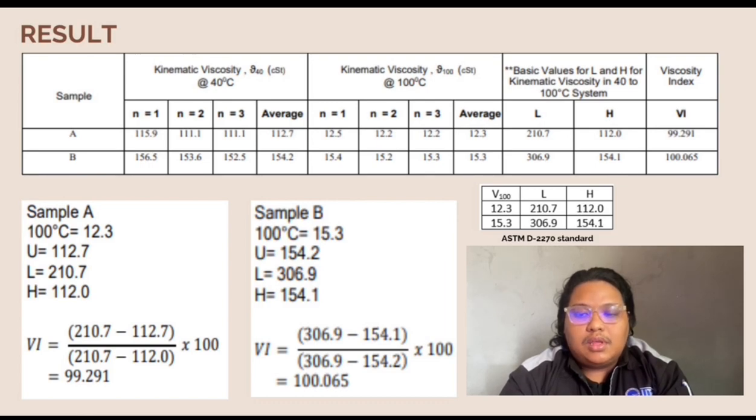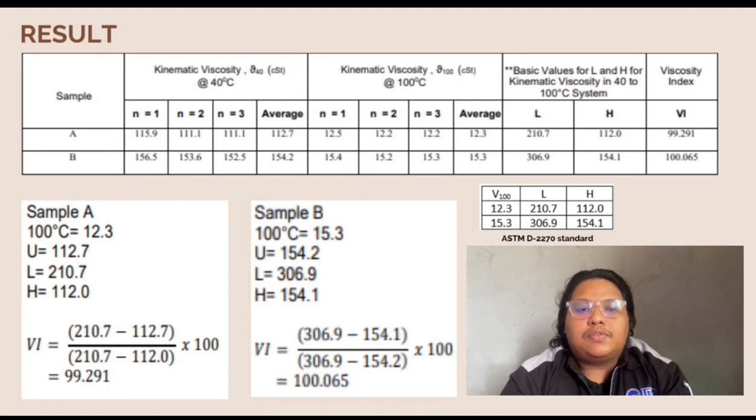Referring to the ASTM D2270 standard table, we use the kinematic viscosity at 100 degrees Celsius, which is 12.3, and we get the values for L and H: L is 210.7 and H is 112.0.